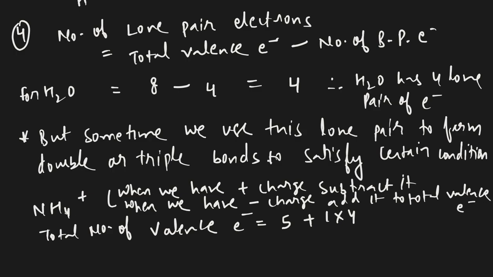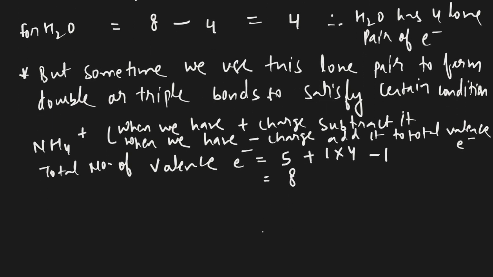Okay, so in this case this is plus, that is why I have to subtract it, minus 1. So it will be 8. So total valence electron in case of ammonium ion is 8.